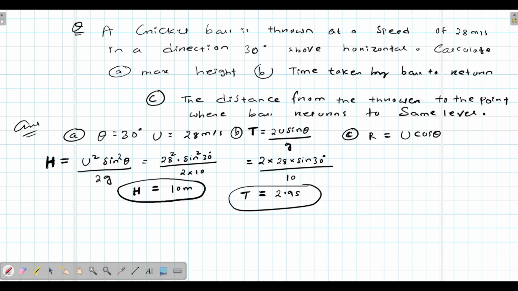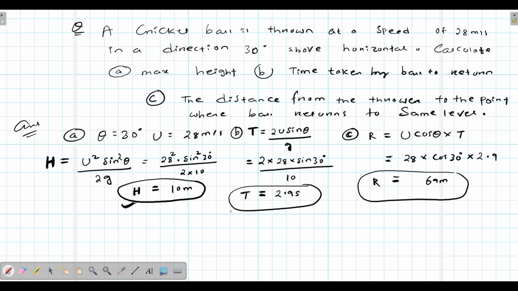So u is 28, cos 30 into time. Time is 2.9. After solving this, r equals 69 meter. That is the range. So that is the maximum height, that is the time, and this is the range. Range equals 69 meter.